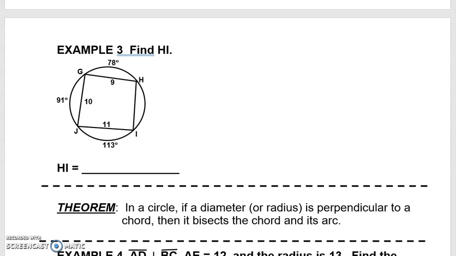Find HI. So we need to find this arc length. So we're going to do 360 minus 91 minus 78, and I'm just taking these arc lengths that it gives us, minus 113.